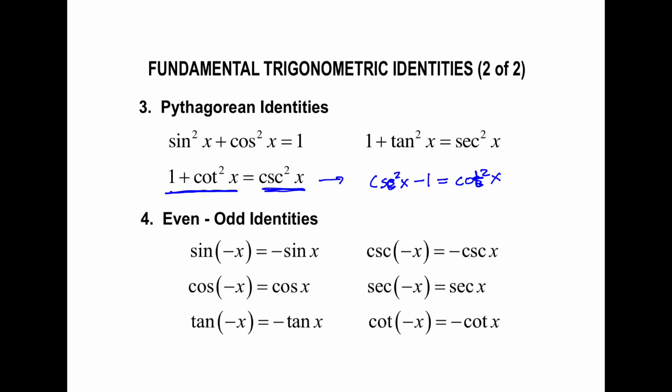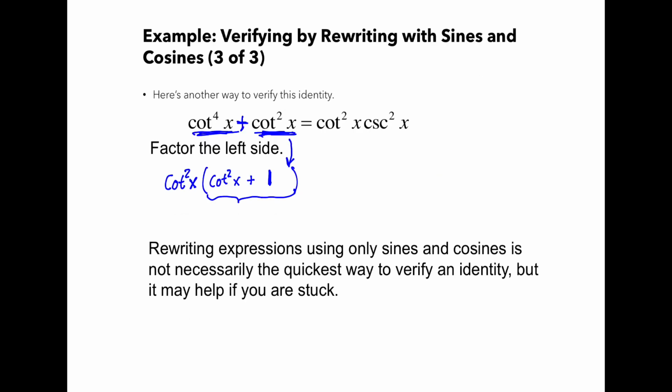Here we see that 1 plus cotangent squared x is equal to cosecant squared x. So applying that idea, my cotangent squared x plus 1 is simply equal to cosecant squared x. And now we've done this in basically 2 steps rather than the other way.